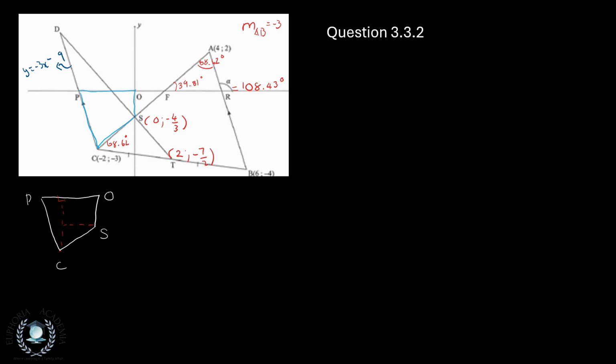Maybe let's call that point Q. We need to see if we can find point Q, and then what we can see, we have a square and two triangles. I know it doesn't seem like a square here, but let me try and do it on the diagram so it's more evident.